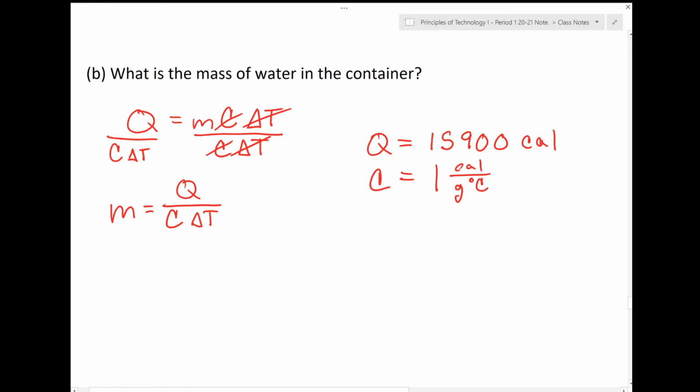Lastly, we need the temperature change of the water. The water started at 10 degrees Celsius and went up to 30 degrees Celsius.